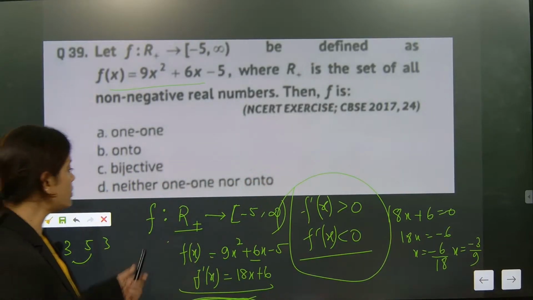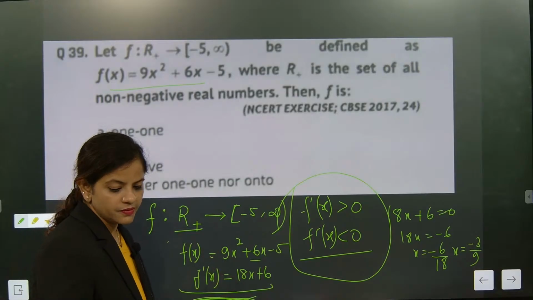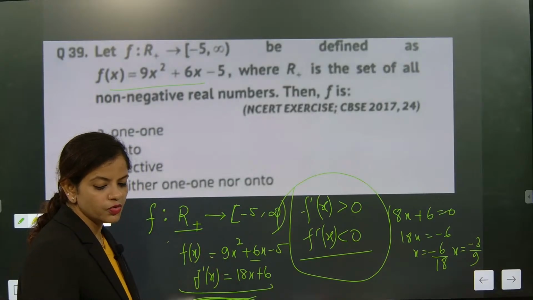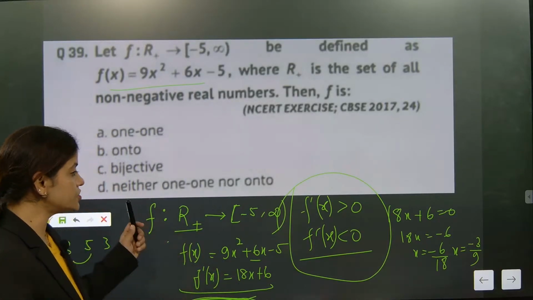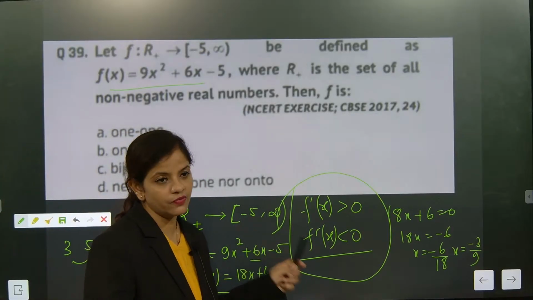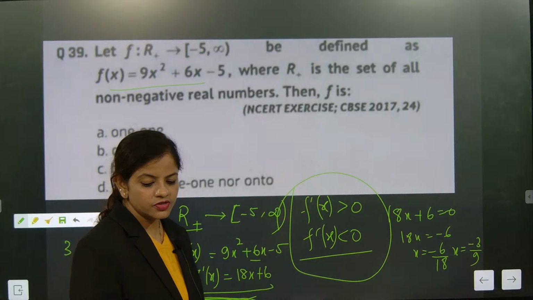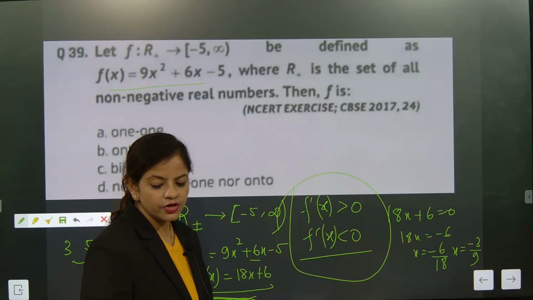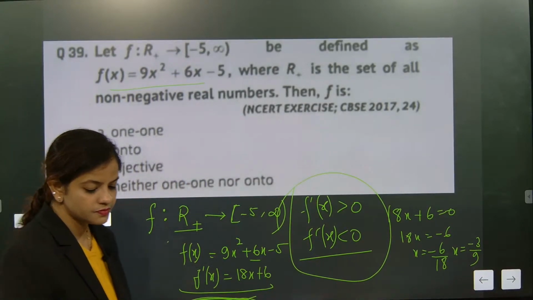Please remember this part. Whenever it is strictly increasing or strictly decreasing, it is exactly going to be 1, 1. This is the most important section.